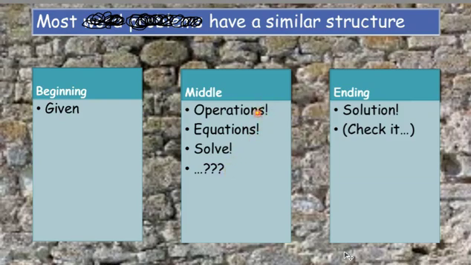We solve, okay? We compare. We do all the fun things that we do to manipulate the numbers, do what we can. And in the end, we have a solution. We also need to check it to make sure they are living happily ever after. Okay, you need to make sure, are you answering the question? And is the answer you came up with reasonable or is it way off?